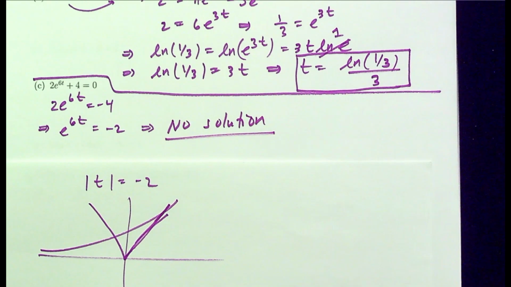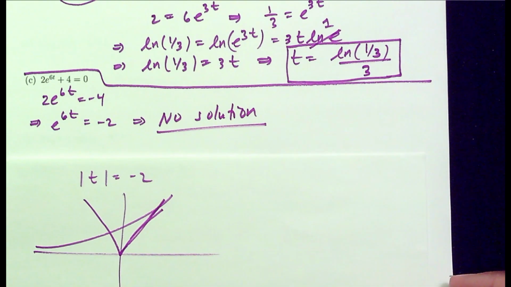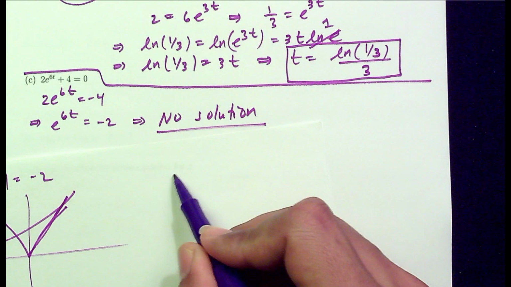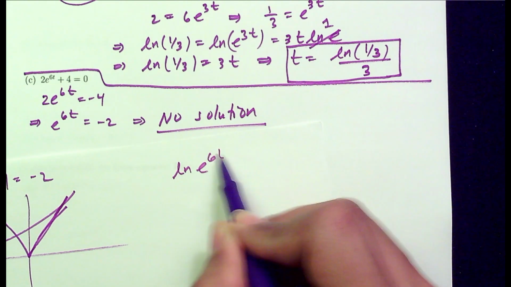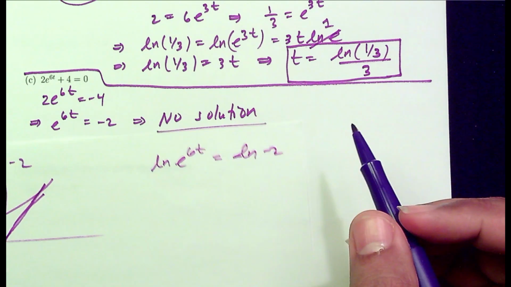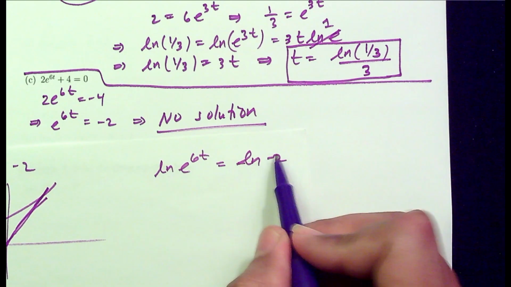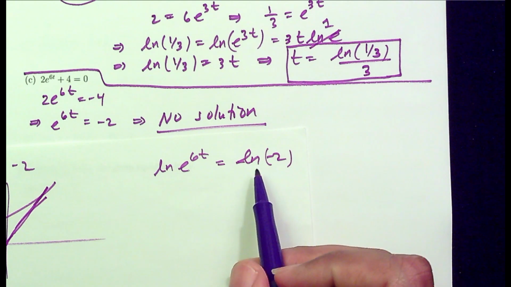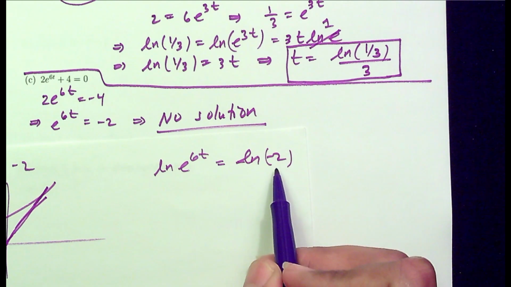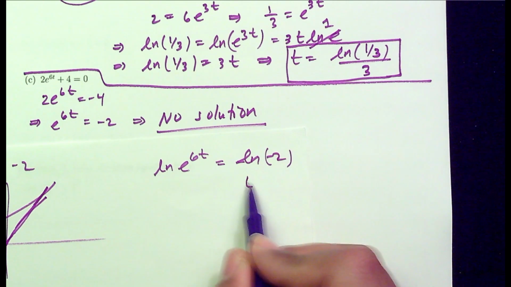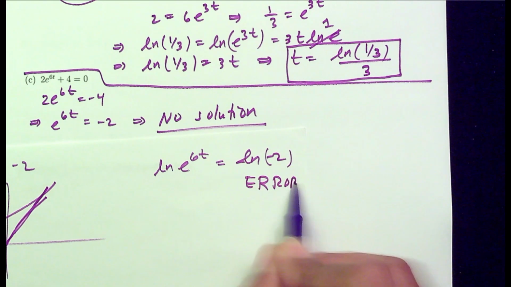Full stop. If you didn't remember that, if you keep going, you would get ln of e to the 6t equals ln of negative 2, and then you should have noticed it right here. You can never have the logarithm of a negative number. If you try to plug in a negative 2 in the ln in your calculator, you're going to get an error. So this is impossible.